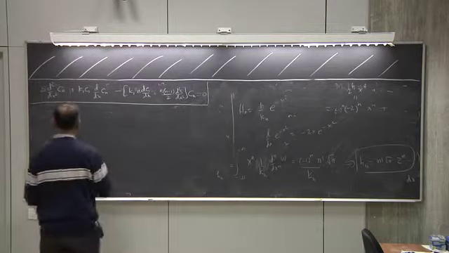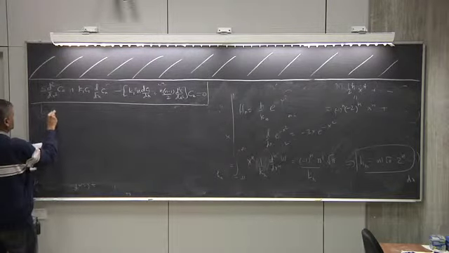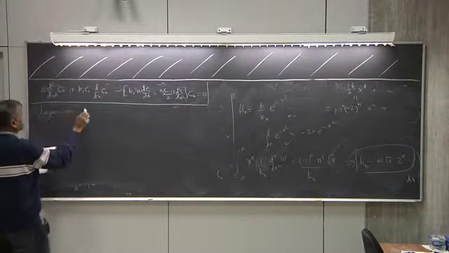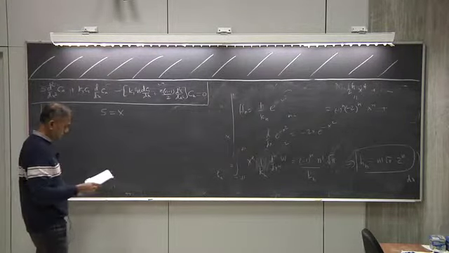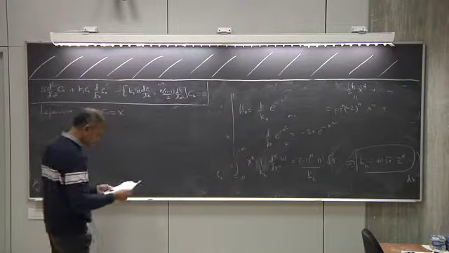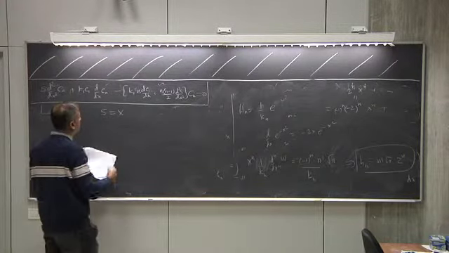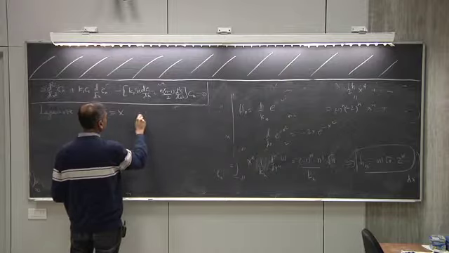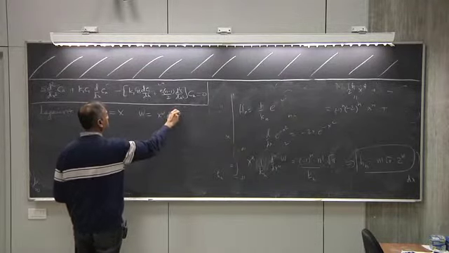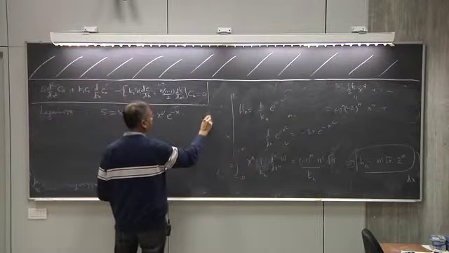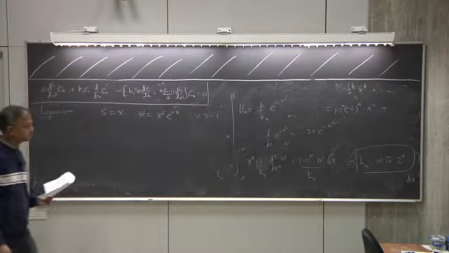So here for Laguerre polynomials, S is X. I don't know, that's up to convention again. S is equal to X, and W was X to the nu e to the minus X, where nu was greater than minus 1. Right?